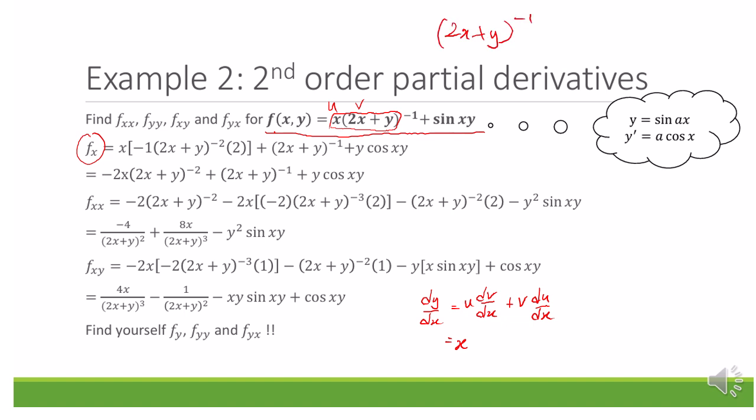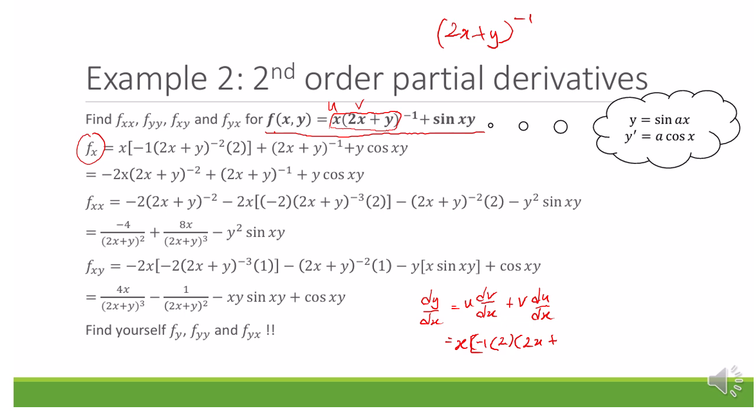To differentiate this, first we must differentiate the whole outer part, so it will be -1. Then differentiate the inner part, which is 2x plus y. 2x will be 2, and that's all. We need to write the existing part back.